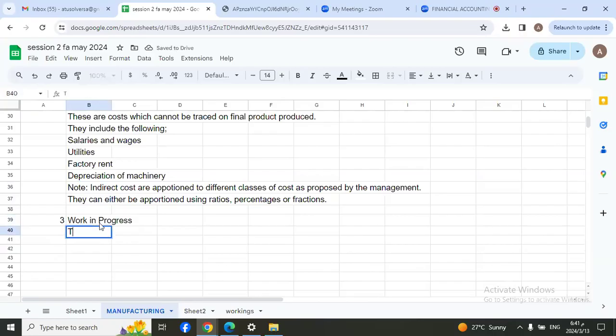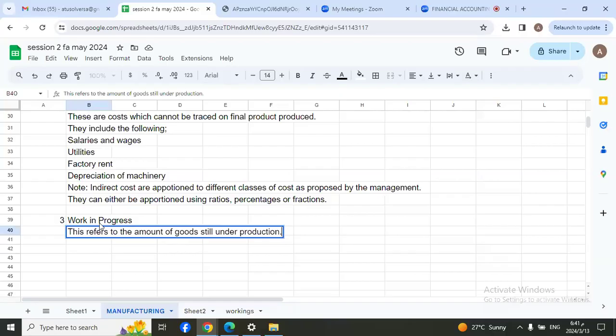This refers to the amount of goods still under production.